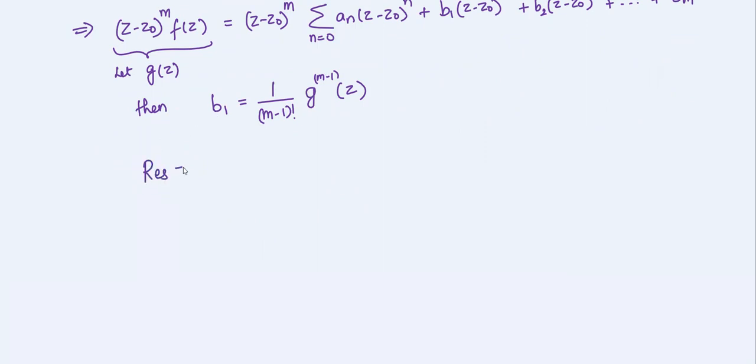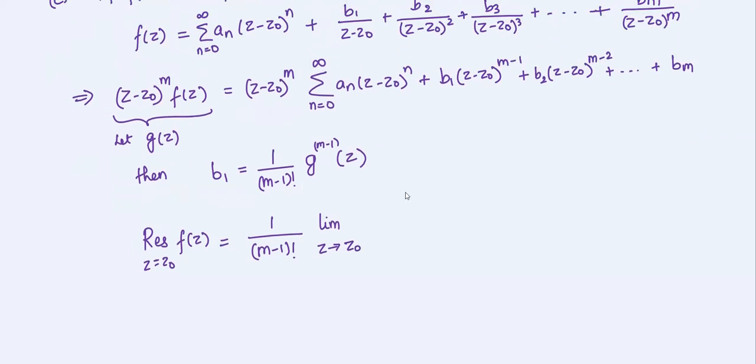So the residue of f of z, in this particular case of a pole of order m, is given by the limit z tending to z naught, multiplying this whole thing by z minus z naught whole power m.